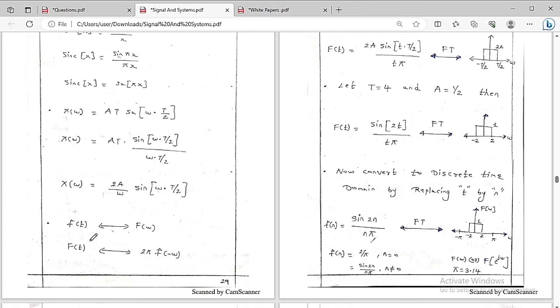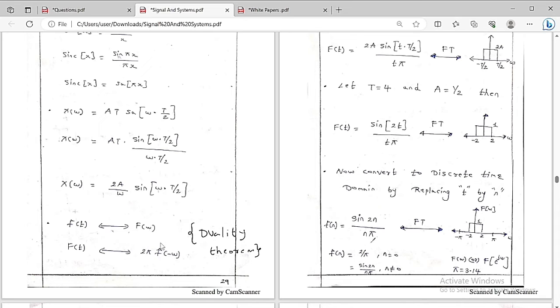For f of t, if the Fourier transform is capital F of omega, then capital F of t has a Fourier transform 2 pi into f of minus omega. This is called the duality principle, or the duality theorem. So if f of t has a Fourier transform capital F of omega, then capital F of t has a Fourier transform 2 pi into small f of minus omega.